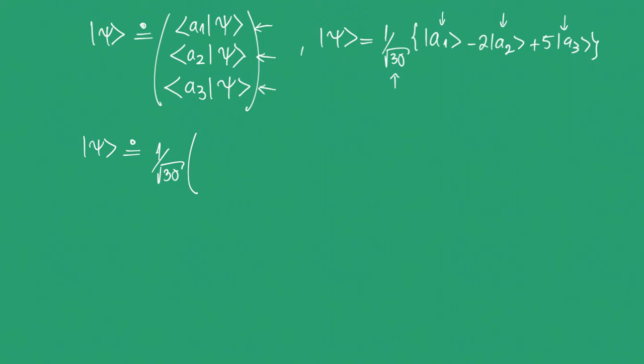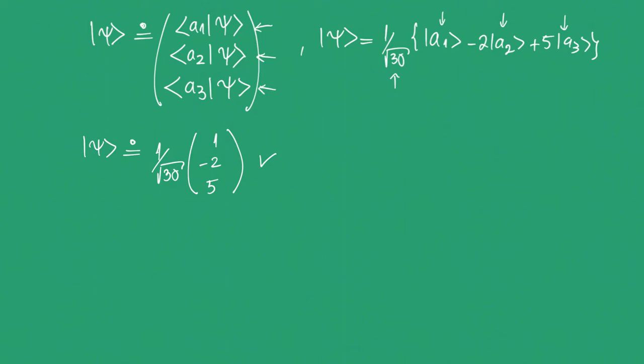For the first inner product, we have 1, for the second -2, and for the third one 5. Then here we have the matrix notation for our quantum state ket psi.